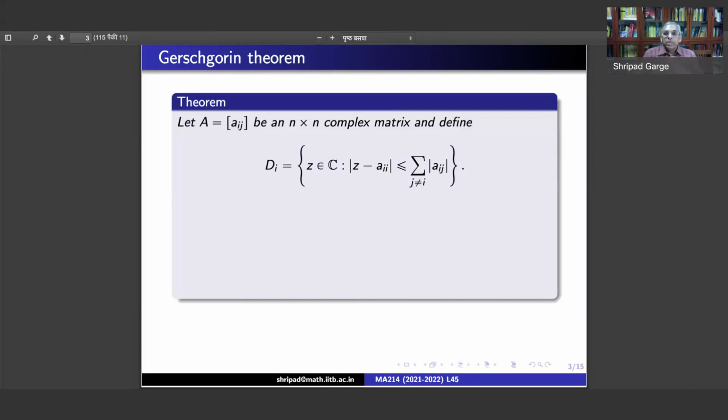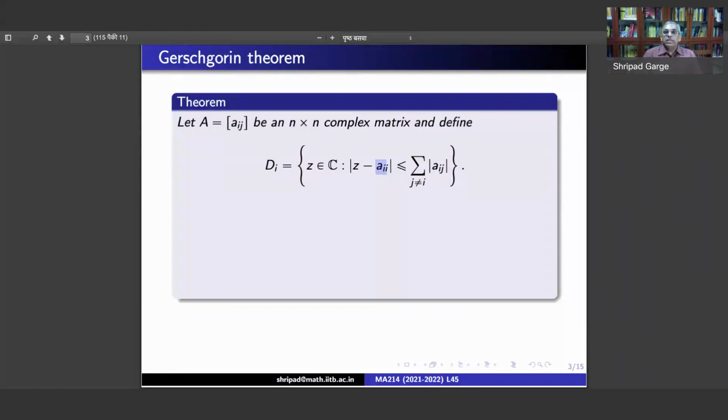Here, for each i, we take the diagonal entry aii as the center of our disk, because you are taking all z which are at a distance less than or equal to some fixed distance from this entry. That means you fix aii, draw a circle of a certain radius, and take all points within that circle.